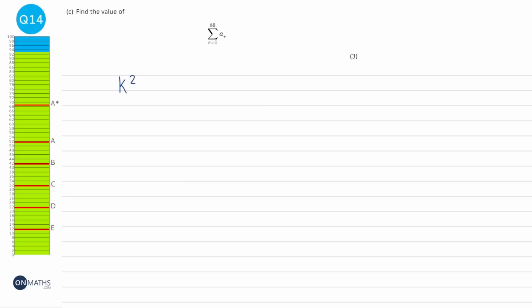So we've got k squared plus 6k minus 72. We might put some lines in. And we can factorise that. So that's going to be k plus 12 and k minus 6.